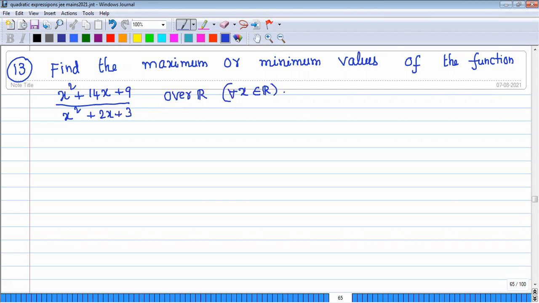Maximum or minimum means, don't get confused, maximum and minimum. That means indirectly we need to find out the range only.